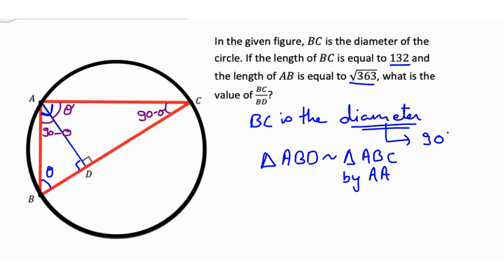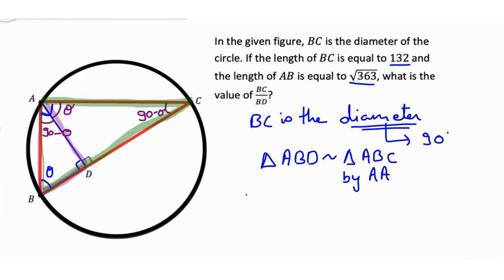And I'm going to shade the two triangles that we need. First is this triangle. We are using this. And then we are using this whole big triangle. Now, the corresponding sides ratio is equal.